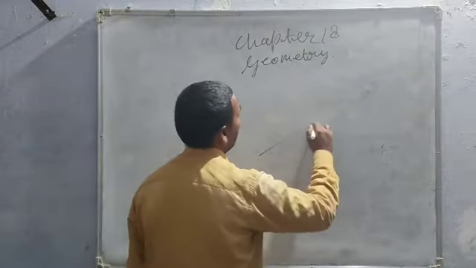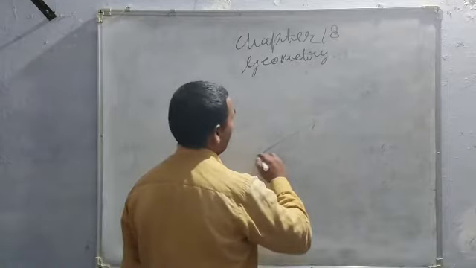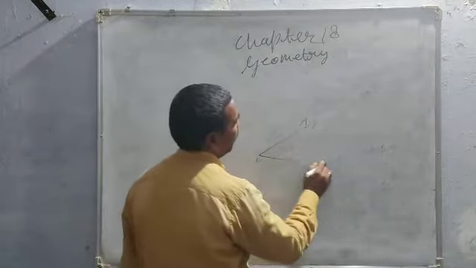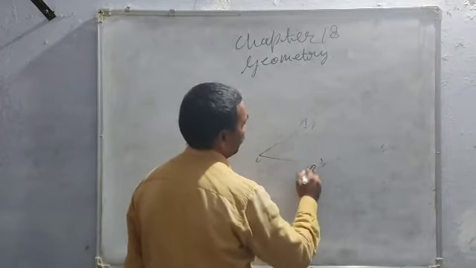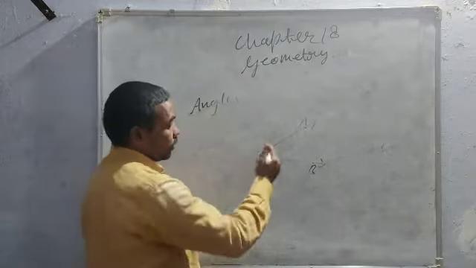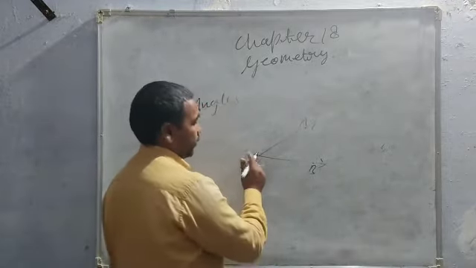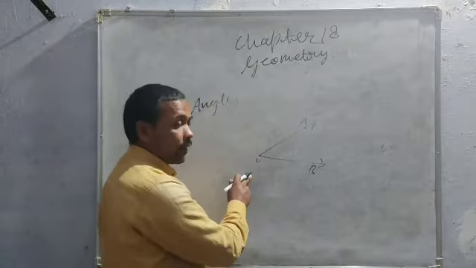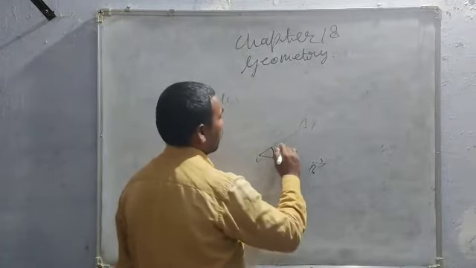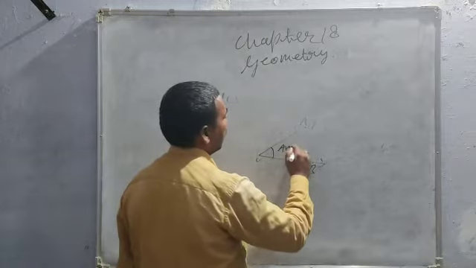Suppose I draw ray OA and another ray OB. So they meet at a point here named O. So the space between them is known as an angle.